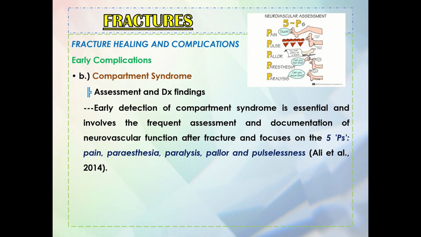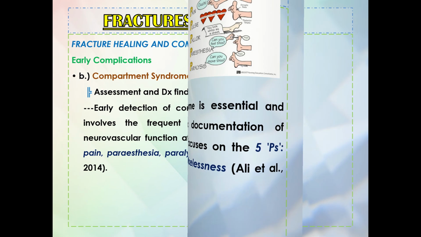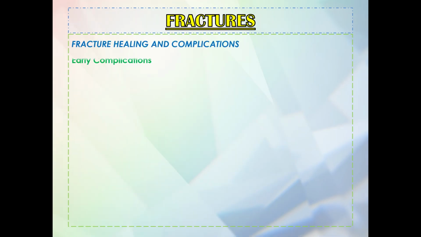So, again, early detection of compartment syndrome is essential and involves frequent assessment and documentation of the neurovascular function after fracture and focuses on the 5 Ps. So ito ulit yung 5 Ps natin for the neurovascular assessment or status: pain, paresthesia, paralysis, pallor, and pulselessness. So that is the 5 Ps of neurovascular assessment. Remember that.